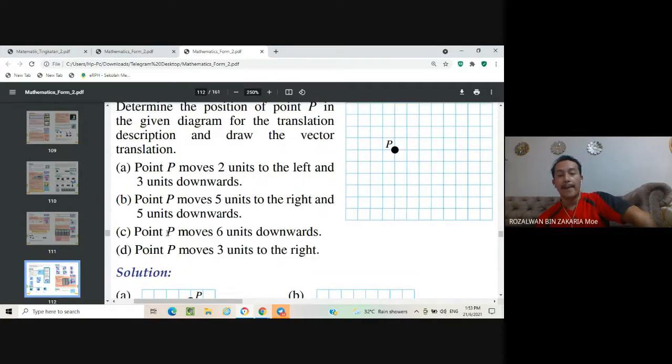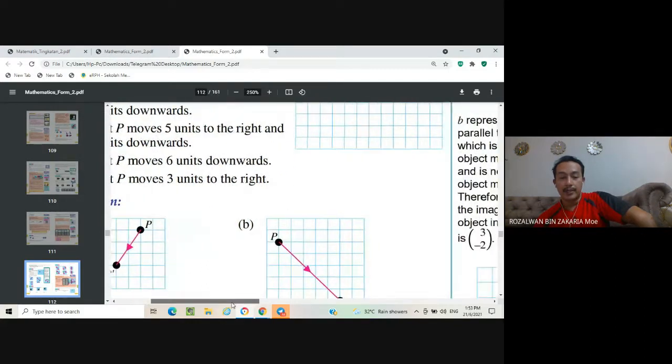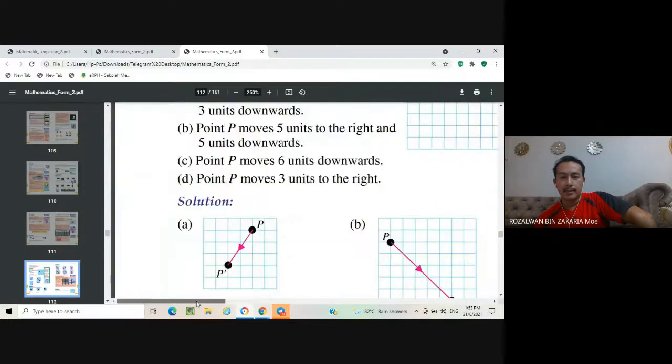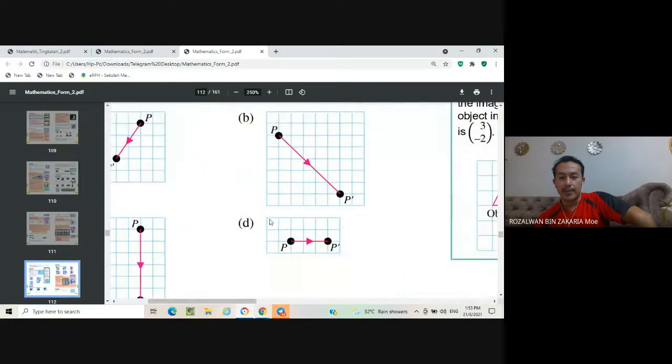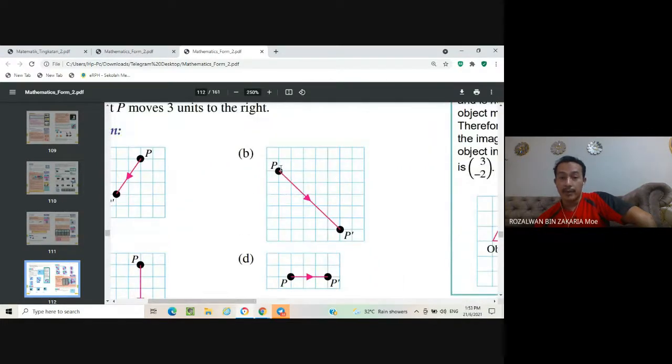Okay, now look at B. Point P moves 5 units to the right and 5 units downward. So starting from P here, the object P moves 5 units to the right: 1, 2, 3, 4, 5.